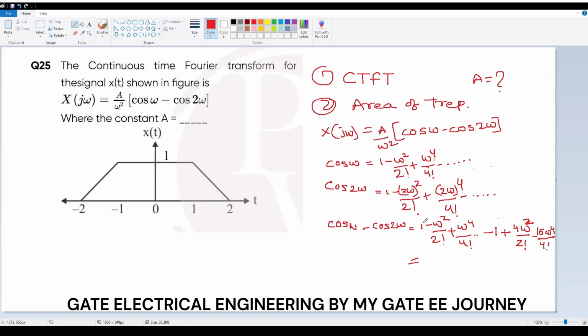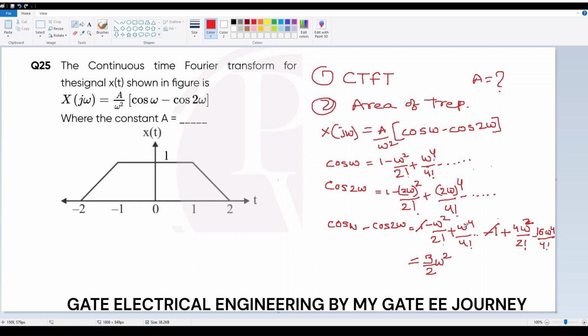Let us simplify. The 1 gets cancelled. 4 omega square by 2 factorial minus omega square by 2 factorial leaves us with 3 omega square by 2 factorial, nothing but 3 by 2 omega square.